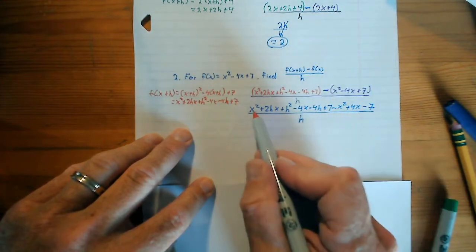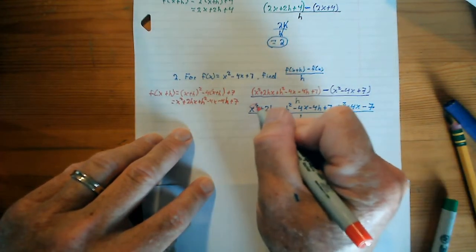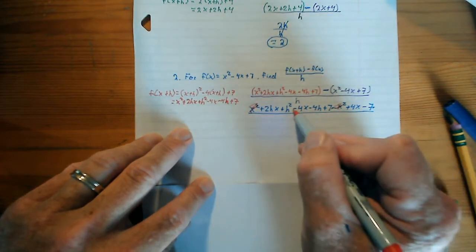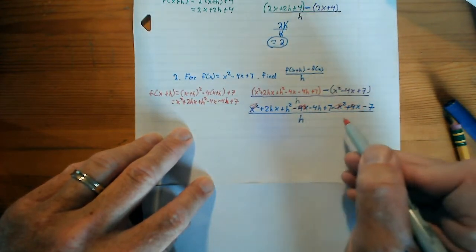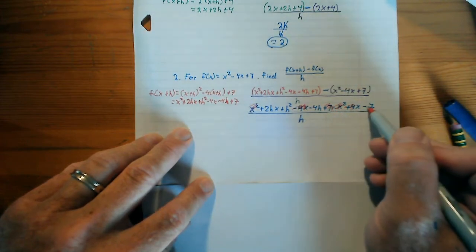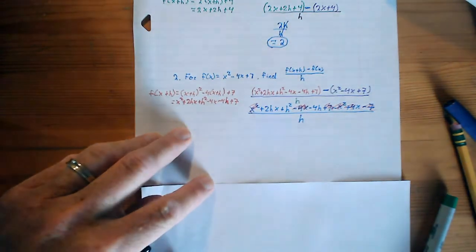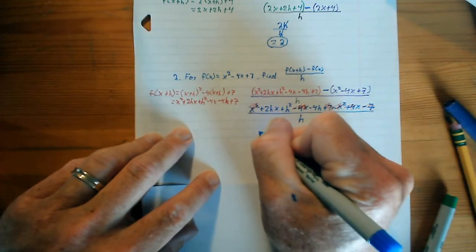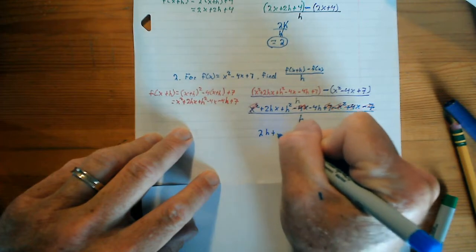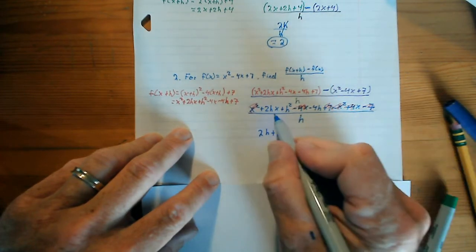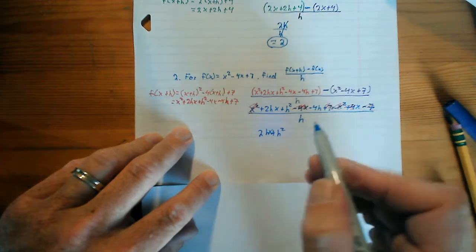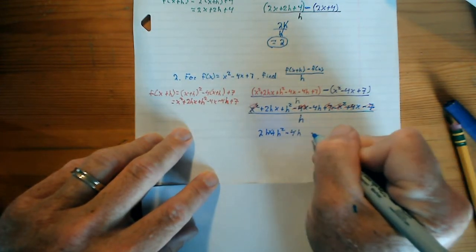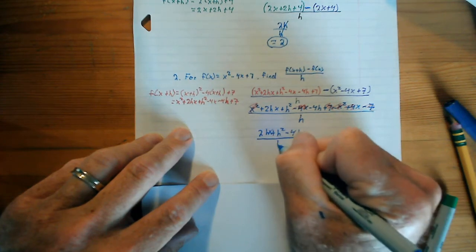Let's simplify this numerator now. I've got x squared minus x squared. That's gone. Negative 4x plus 4x. That's gone. 7 minus 7. That's gone. So all I'm left up top is 2hx plus h squared minus 4h divided by h.